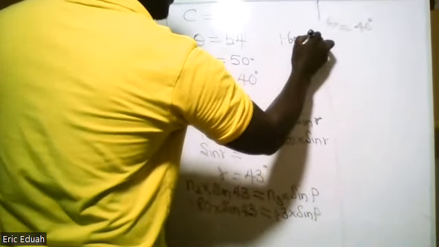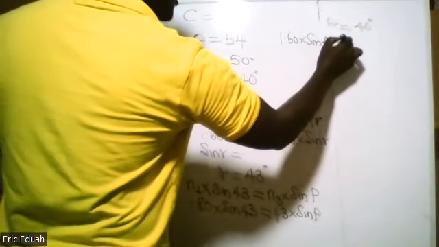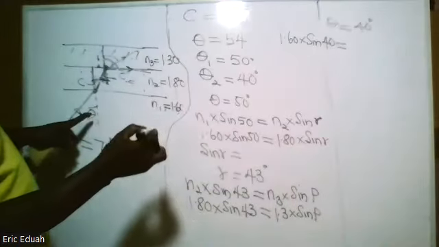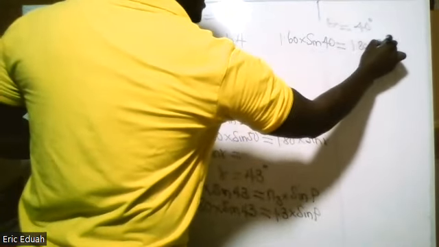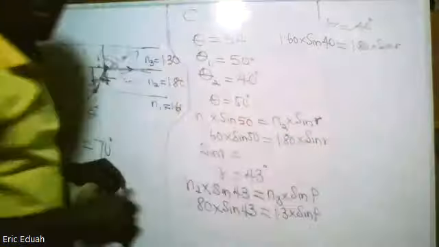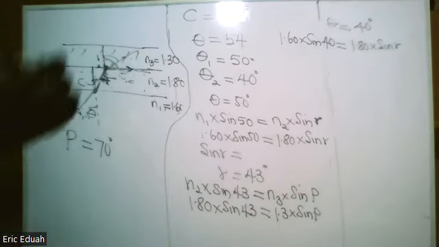1.6 times sine of 40 is equal to 1.8 times sine r. r we don't know. We want to see if r will still decrease.